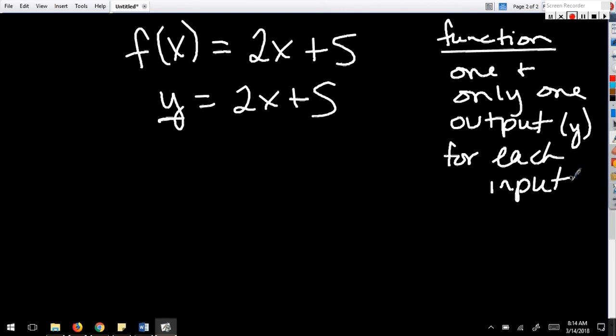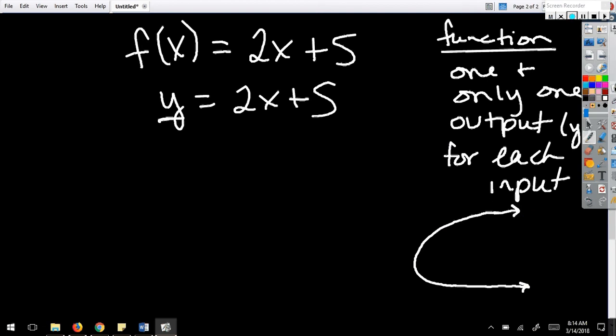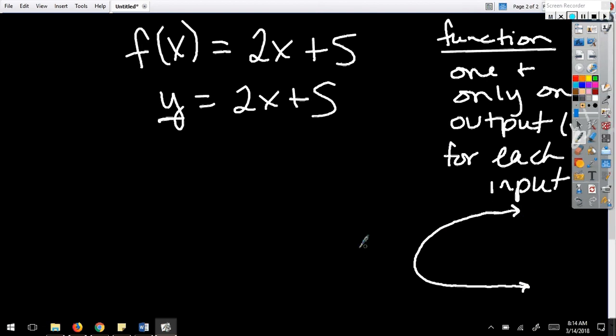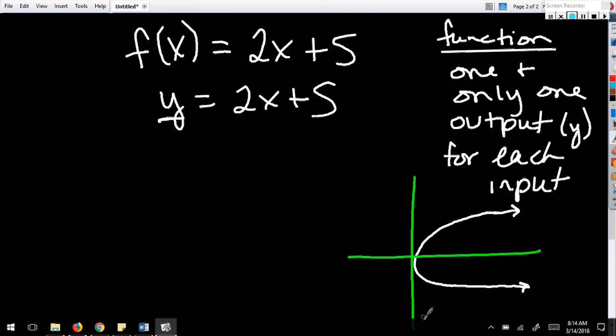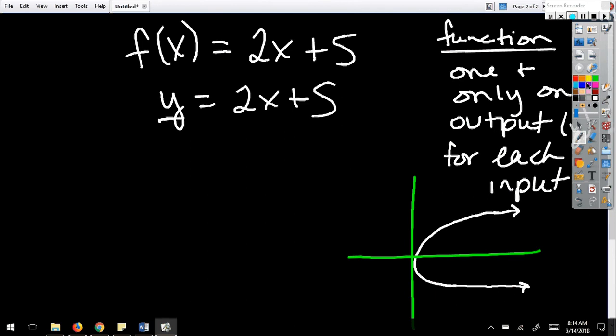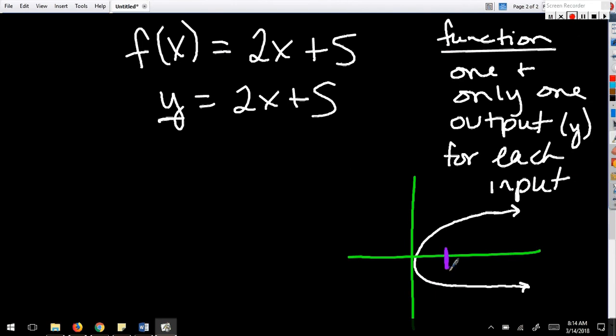Meaning, if I had a graph. If it says f of x, that's telling you it is a function. It's telling you every input only has one specific output that goes with it. So if you imagine this graph on a coordinate plane like this, if I went to the point x equals 1, how many corresponding y values does that one have? 2.